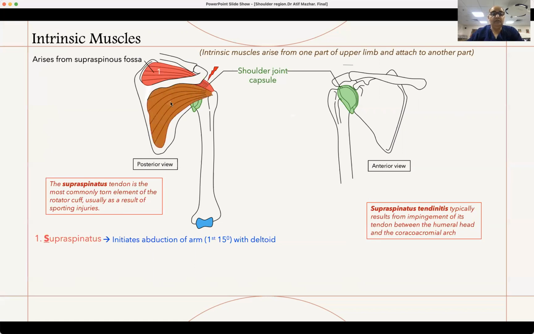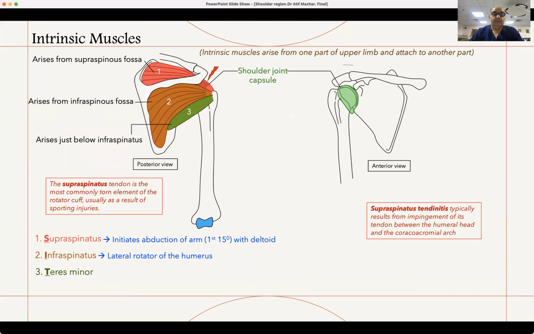And then this brown thing is my infraspinatus. It's also going to the same location. What it does, the infraspinatus, is laterally rotate the humerus. And this green thing, what do you think that is? Teres minor. Are we good? It laterally rotates and weakly adducts the humerus.